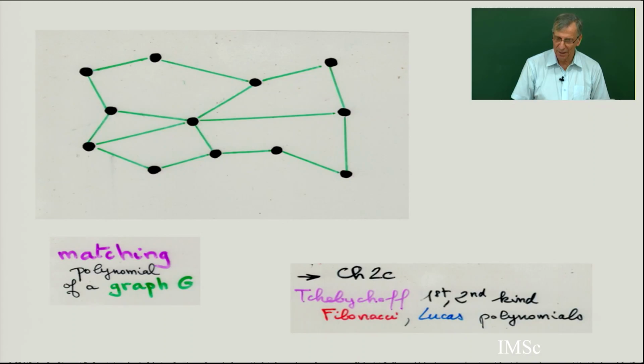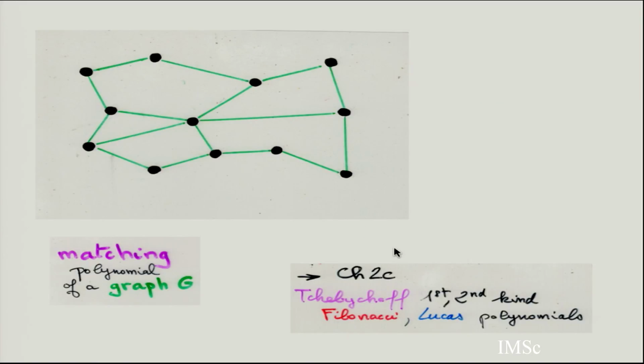We have seen already in chapter 2c that we defined the matching polynomial of a graph. We have seen the Chebyshev polynomials of the first and second kind, and the reciprocal of Fibonacci and Lucas. There the graph was only a segment or a cycle. So here is a graph and a matching.